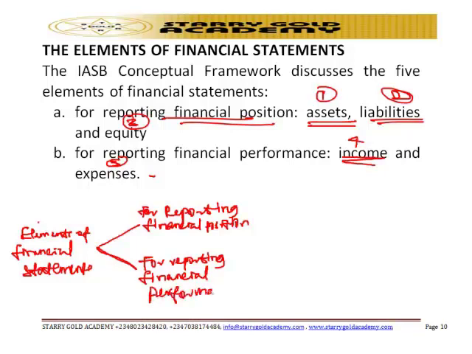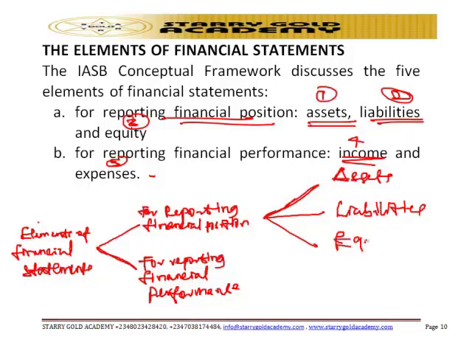So under the financial position, it is divided into 3 categories. The elements are 3 here. We have assets, we have liabilities, and we have equity. While under financial performance, we have income and expenses.